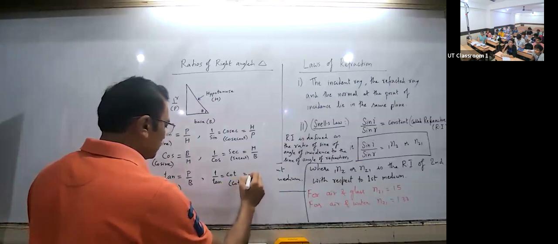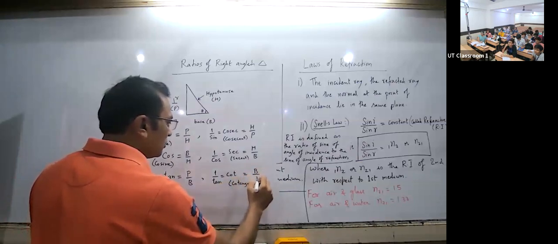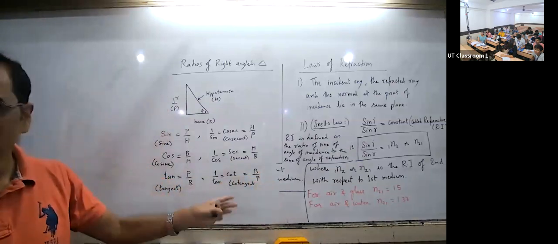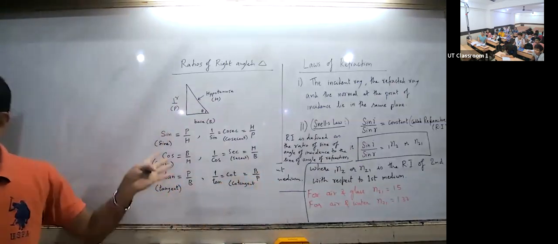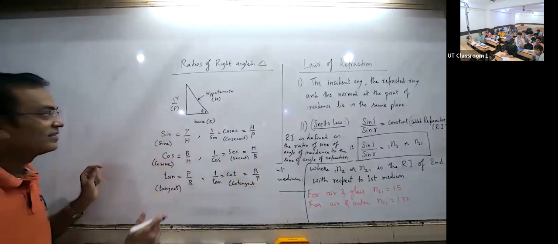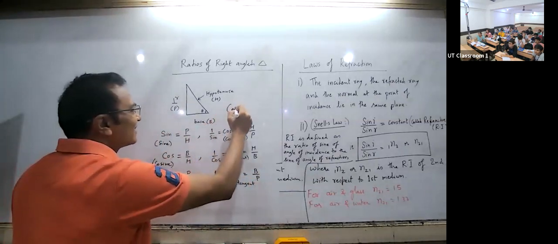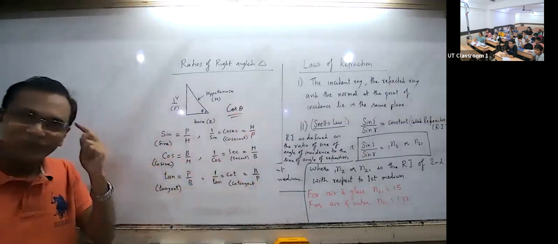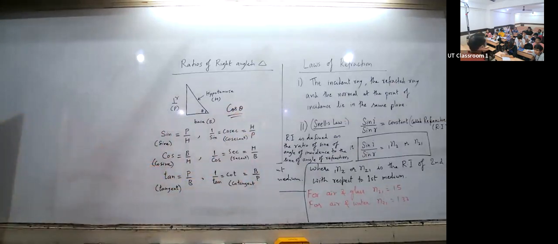So don't get too bugged by this. These are very simple actually. Just when you hear it for the first time and when there is a theta attached, then you go wild. It's very simple. So what is theta?